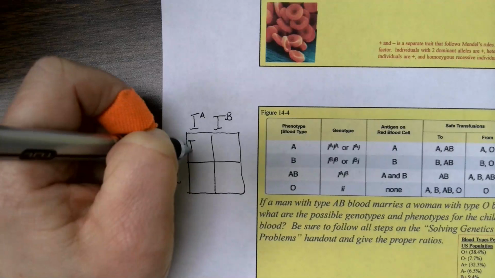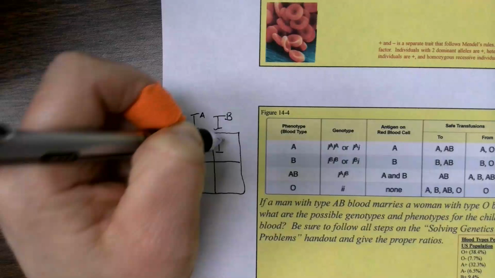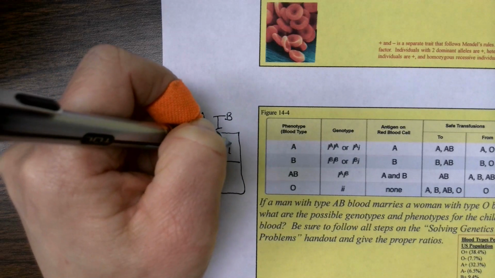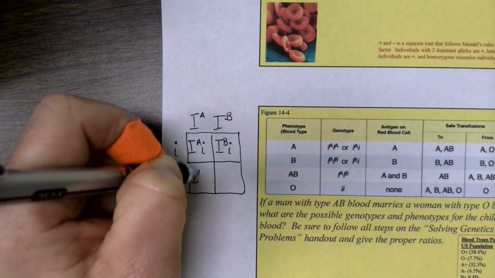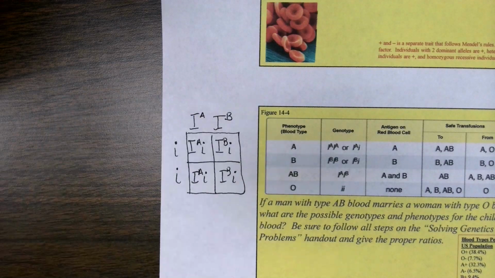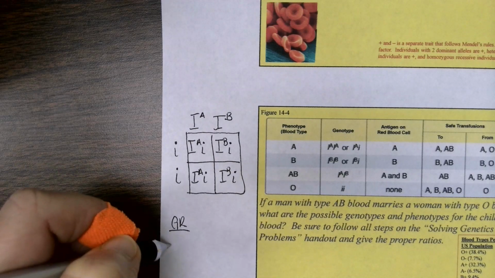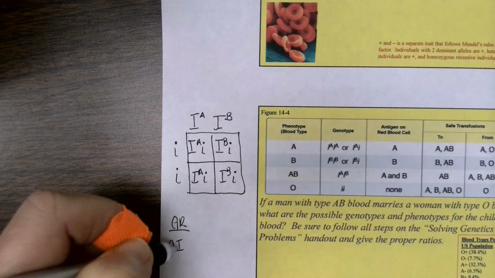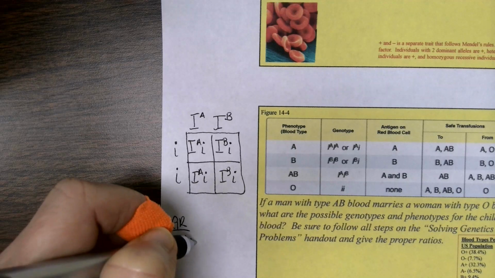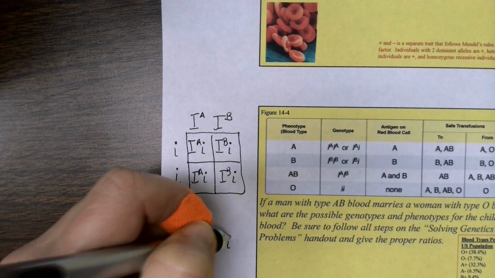So then this box is going to be IA little i, this is going to be IB little i, IA little i, and IB little i, okay? So our genotypic ratio is going to be 2 that are heterozygous for type A to 2 that are heterozygous for type B, okay?